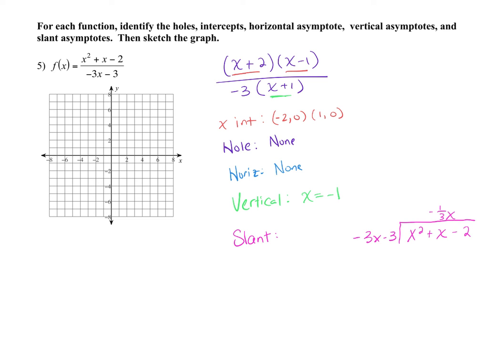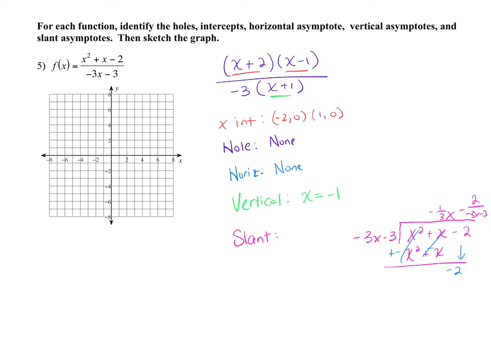It will cancel out with that -1/3, I promise. -1/3 x times -3x gives me a +1 x squared. -1/3 x times -3 gives me a positive x, right? Yes? We're subtracting. So remember, you're adding the opposite. Both of these cancel, right? I'm left with a -2. Remember, when my degree is lower, I'm done. That's my remainder. So it's going to be -2 over -3x minus 3. Okay?